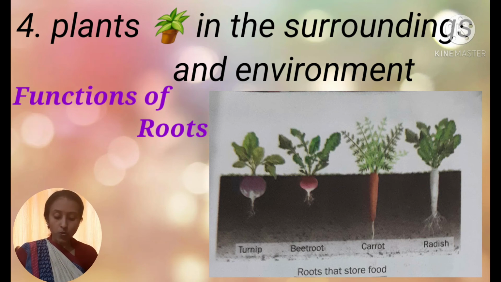Roots absorb water and minerals from the soil. Water and minerals help the plants to prepare their food, as you know. Roots of plants such as the carrot, turnip, radish and beetroot are thick and fleshy because food prepared by the plants is stored in them.